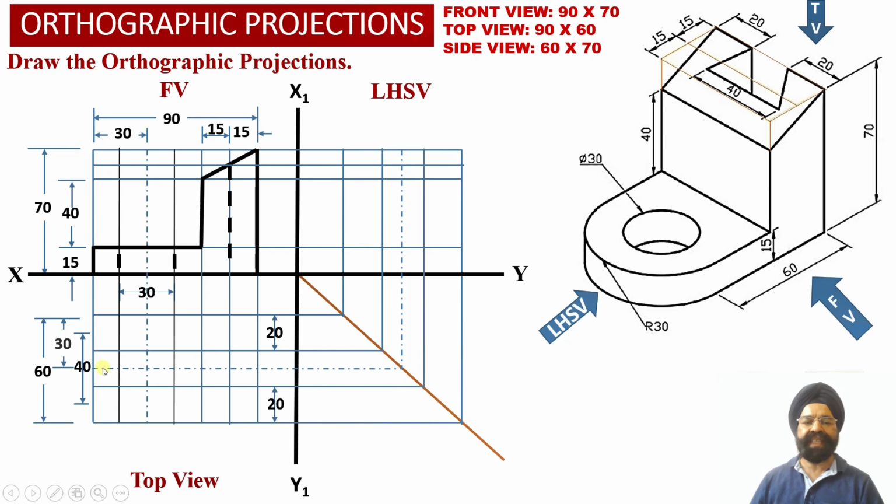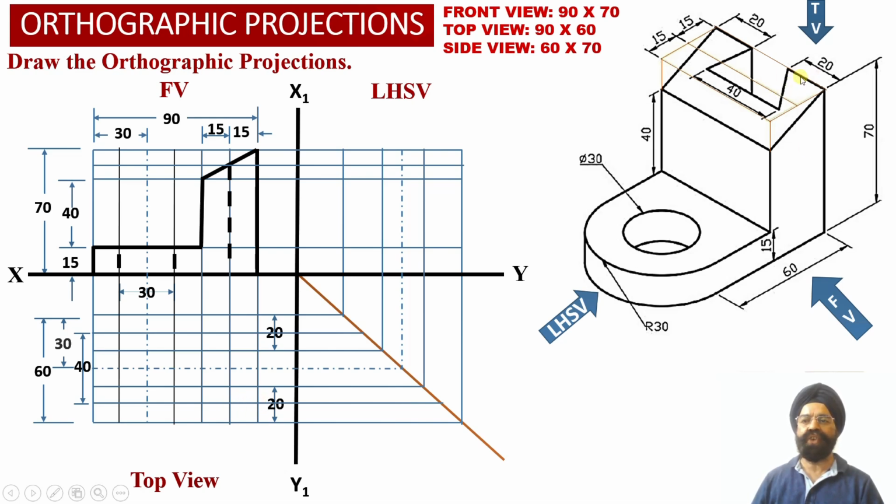So now from this center line we have taken an offset of 20 millimeter towards the rear face of the solid, and 20 millimeter towards the front face of the solid, and two horizontal projector lines which are going to depict the depth of the interior portion of this angular slot at a distance of 15 millimeter from the right hand side face of the solid.